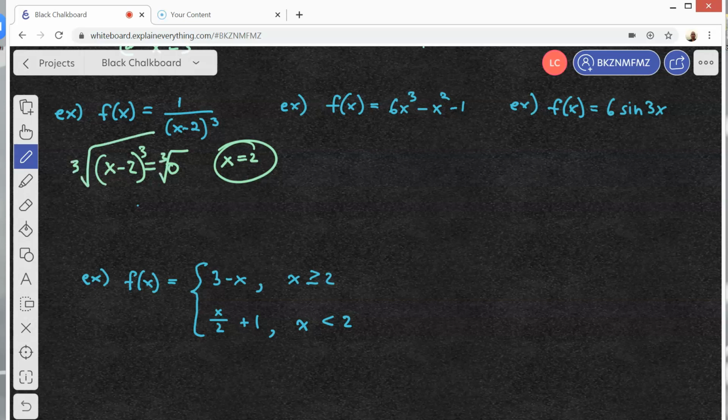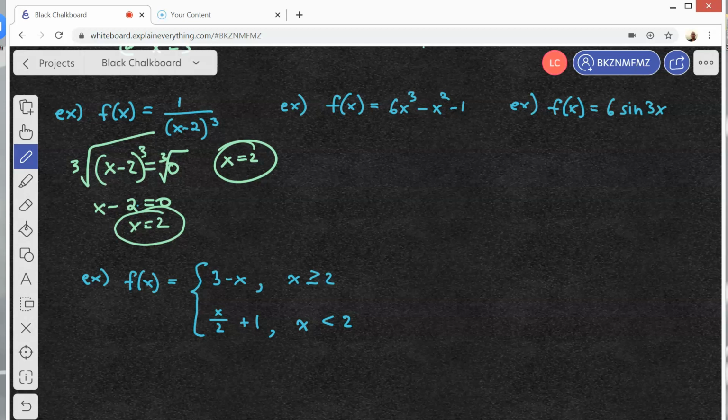Not needed because we already did mental math, but anyways, x minus 2 equals 0. Then x is equal to 2. So that's where the denominator equals 0, and that's where the function is not continuous.